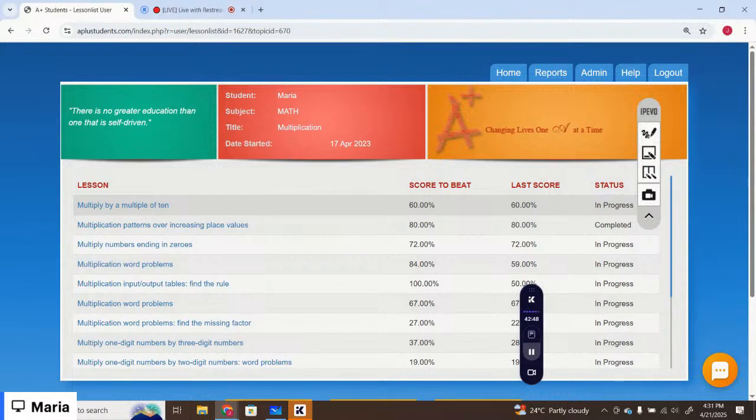The next lesson is multiply one digit numbers by three digit numbers.